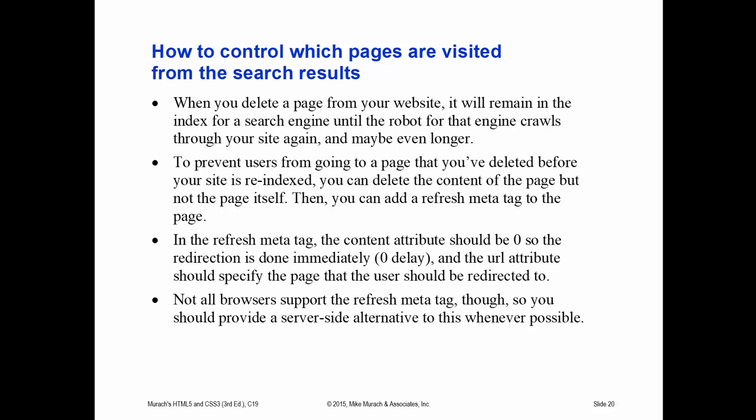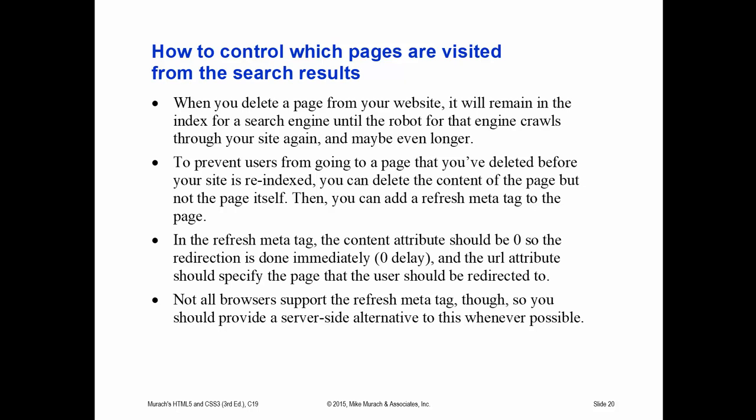How to control which pages are visited from the search results. When you delete a page from the website, it will remain in the index for a search engine until the robot for that engine crawls through the site again, maybe even longer. So in other words, if you remove a page from the site, people who try to go look at that page will get a broken link. To prevent users from going to a page that's been deleted, you can delete the content of the page, but not the page itself.